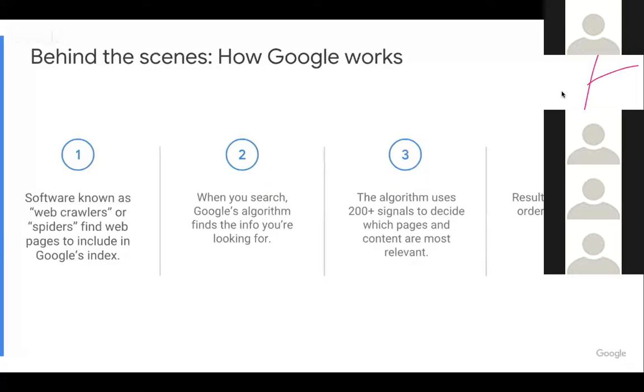Examples of those algorithm signals include the freshness of content on a website or how recently that content was posted, the number of other websites linking to a particular site and the authority of those links, the quality of the content on the site and if it is unique, the URL or website address, and the page title, and whether the best result is a web page, an image, video, news article, etc.